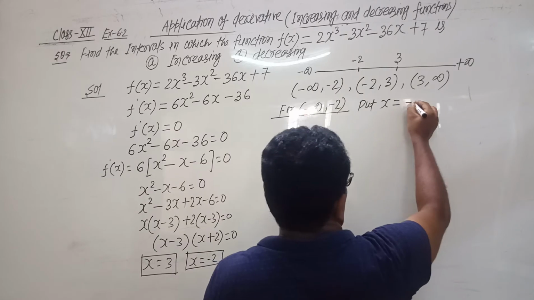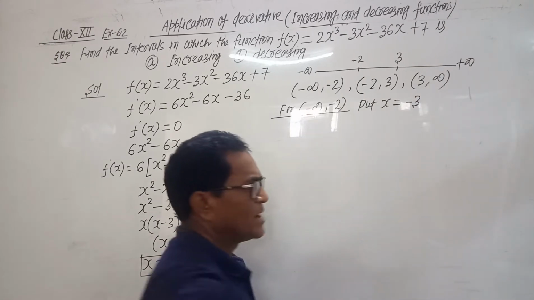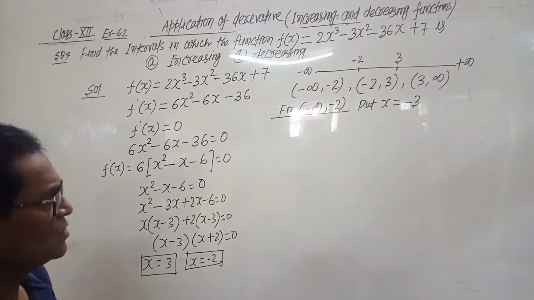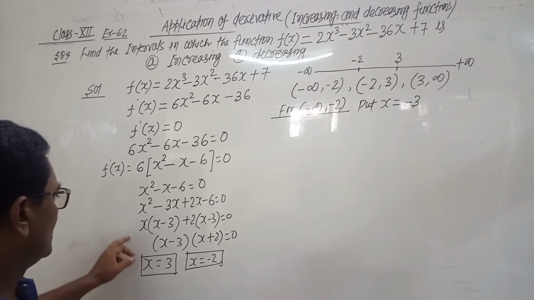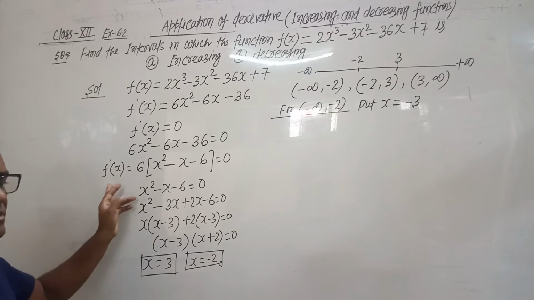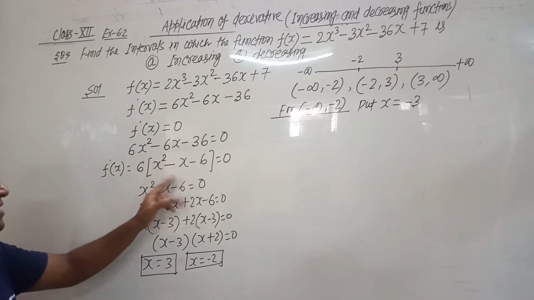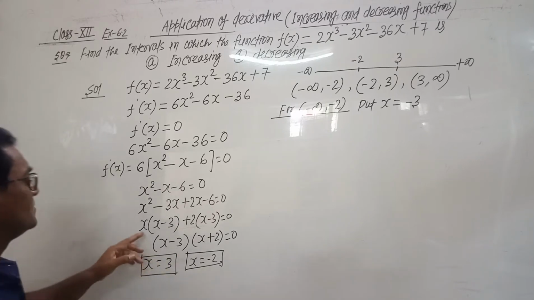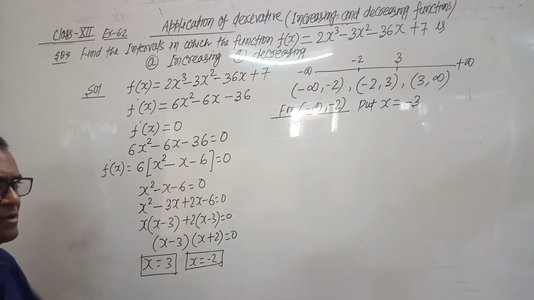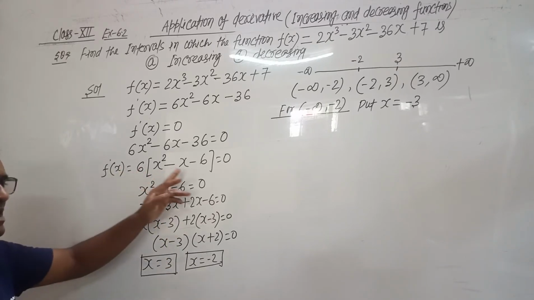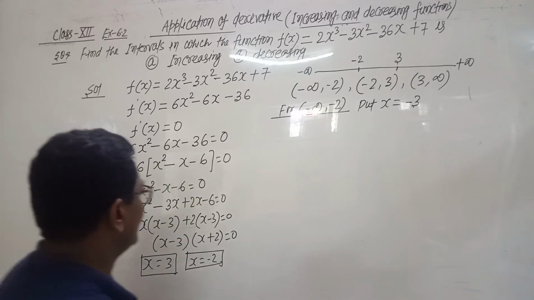Let us take x = -3. Now we have to put these values in f'(x), in the original form of f'(x), not the simplified form.